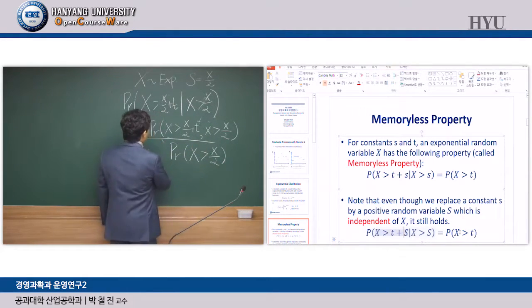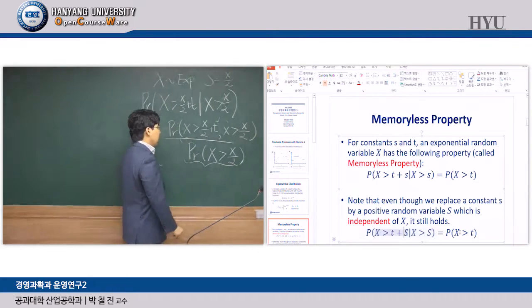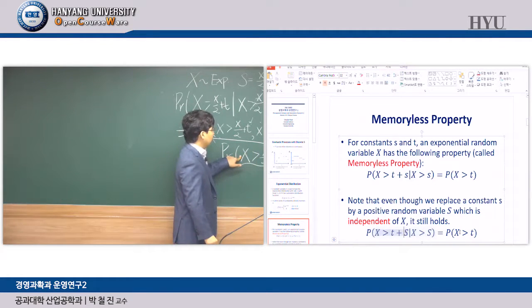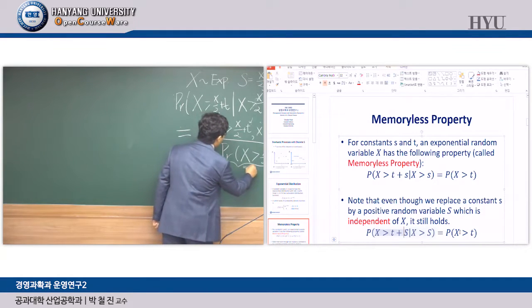So we can rewrite this, and this part can be ignored because it is always true. X is a positive value, and X is always greater than X over 2, so this probability is always 1.